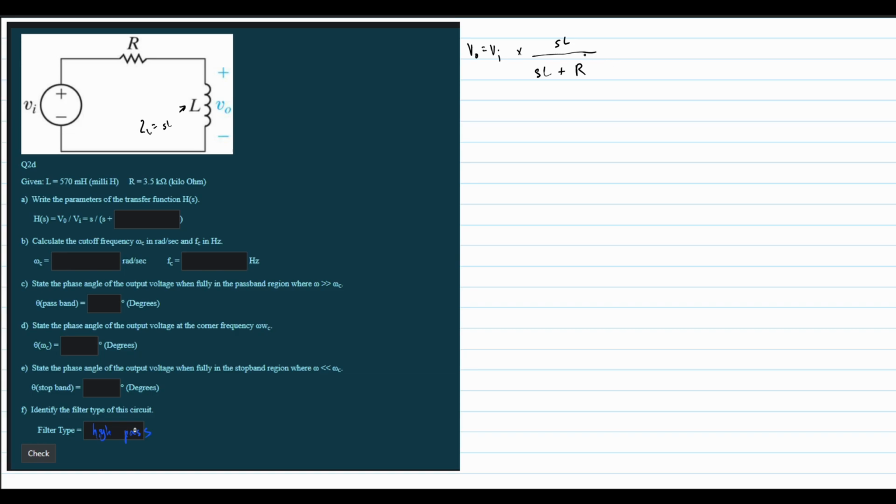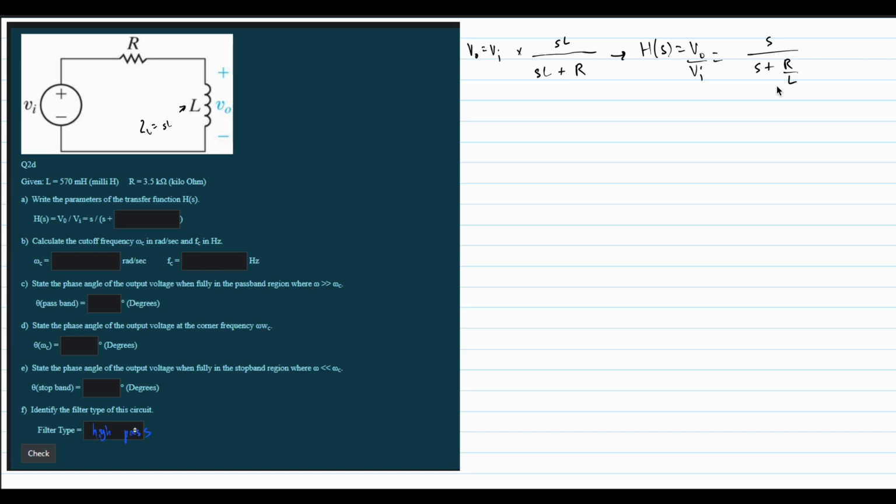Now, we want to get s by itself. So what we can do is multiply both sides by 1 over our V in, and that's going to become H of s, right? Because we have H of s equal to V out over V in. We're going to divide both sides by L now because we want s by itself. So we are going to get s over s plus R over L. And now we can plug in our values.